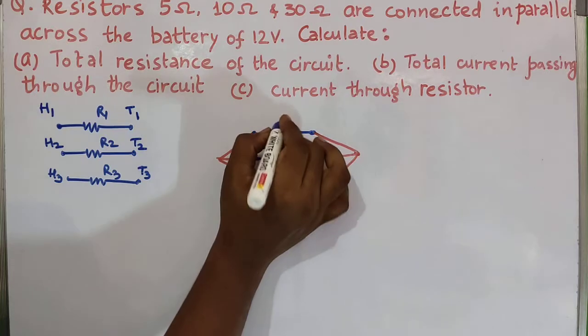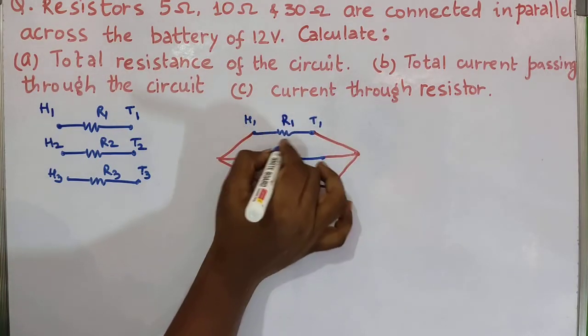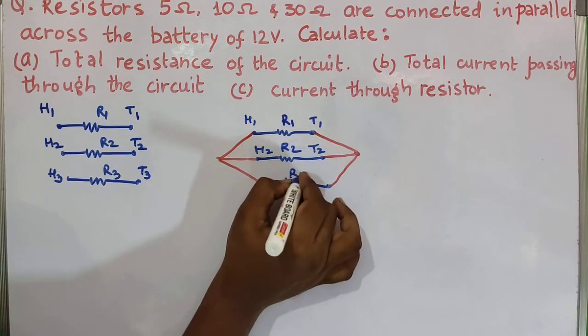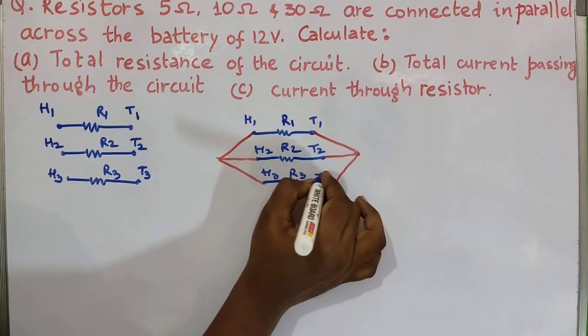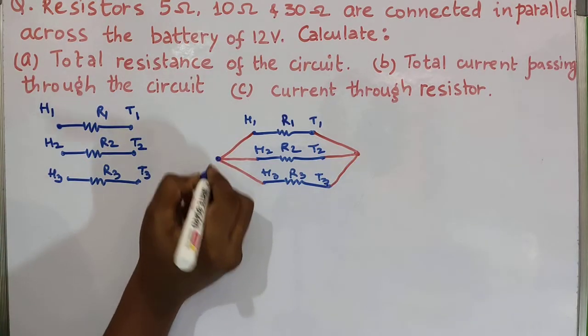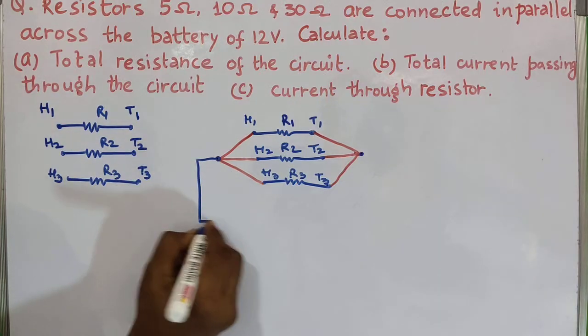So the first one, R1, this terminal H1, T1, R2, H2, T2, R3, H3, T3, and so these are the terminals. These 2 terminals we will place across the source.